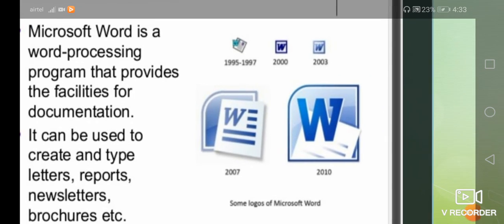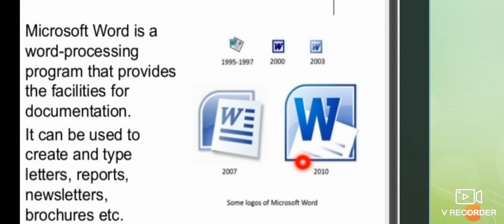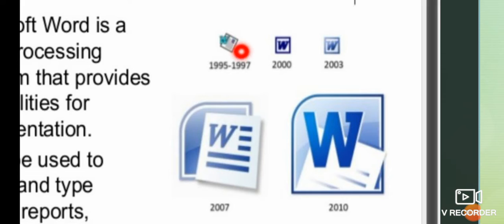And these are the icons for different versions of Microsoft Word. You can see this first one was from 1995 to 1997. This was the MS Word icon. And during the year 2000, this is the MS Word icon. And then 2003, this is the icon.